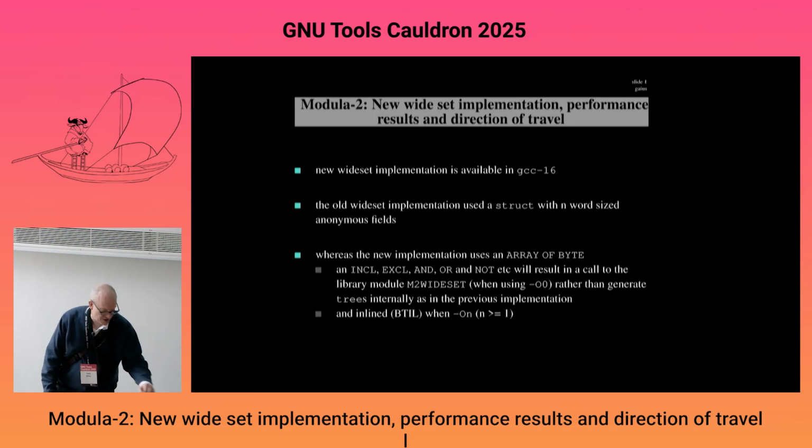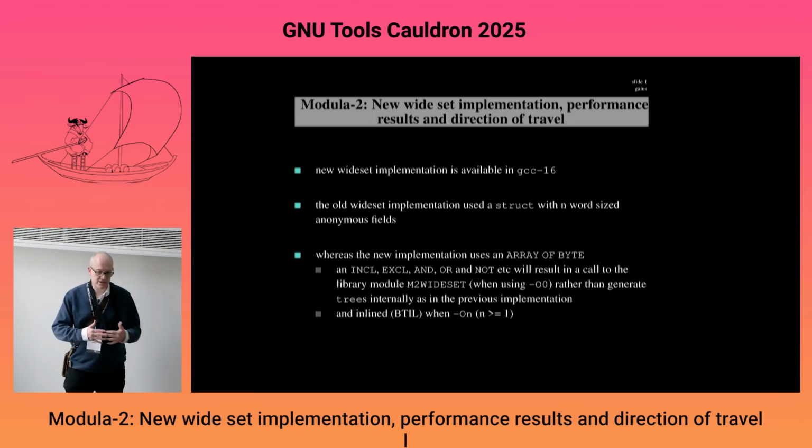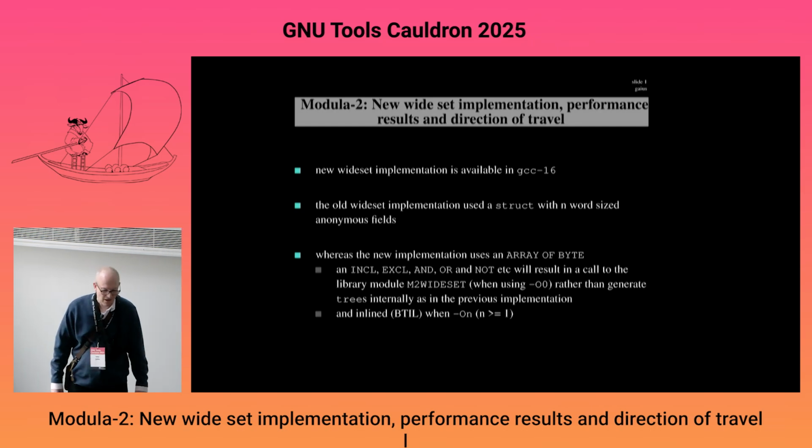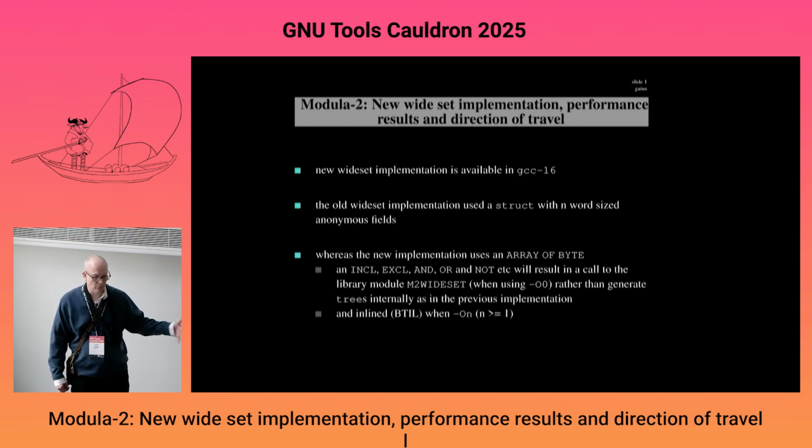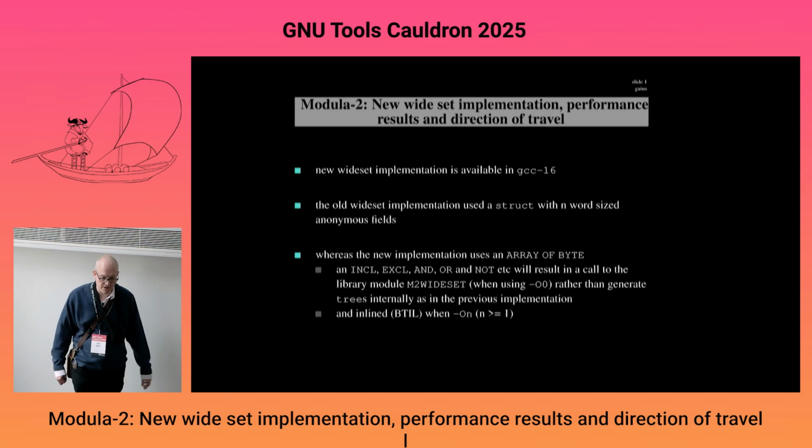There are many features of it, but one of the designs was to have each data type with a library, so you'd have all the operators as procedures, and then you could implement your add, subtract, etc. Now, obviously there are performance implications there, but I took that on board with the new wideset implementation.